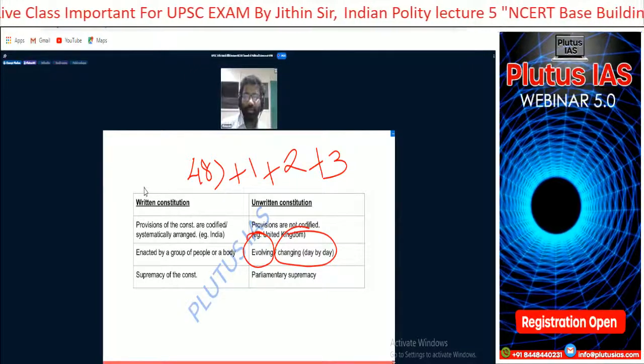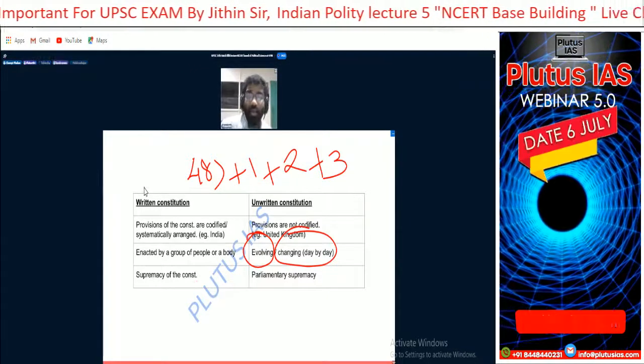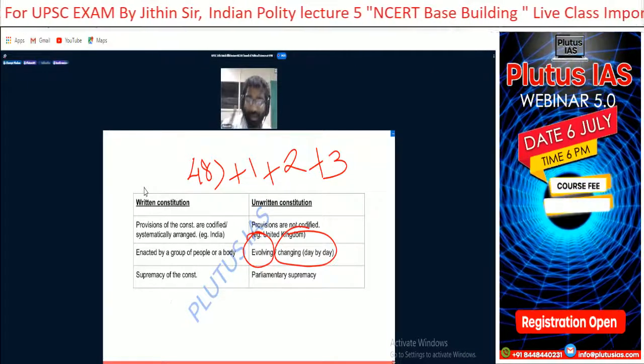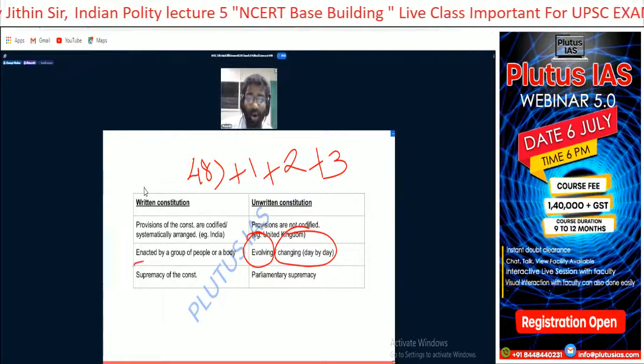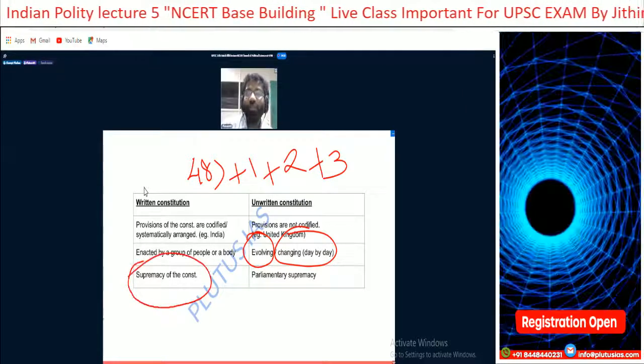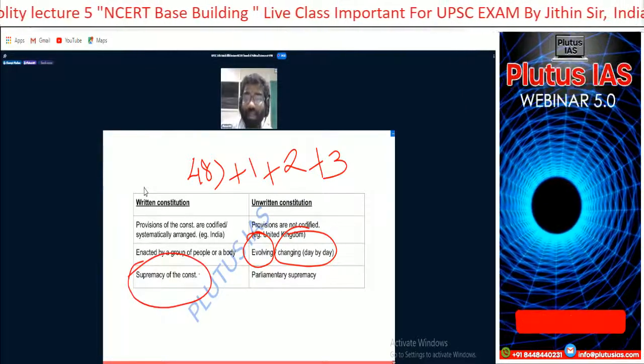Okay, what I want to say is, listen to the points very carefully. In a written constitution, there is supremacy of the constitution.